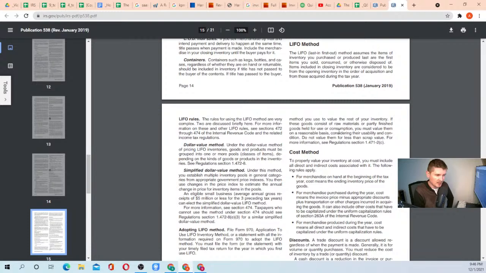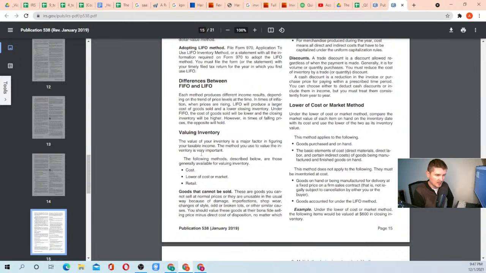So eventually you can write down your inventory to zero if it doesn't even have a scrap value. If it has a scrap value, you need to use scrap value, unless you can sell it for higher than scrap value.